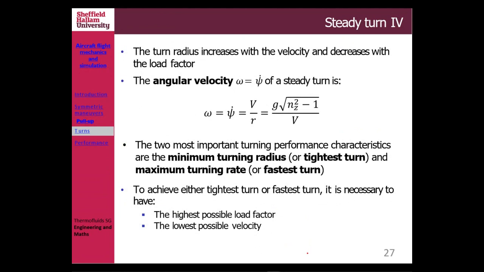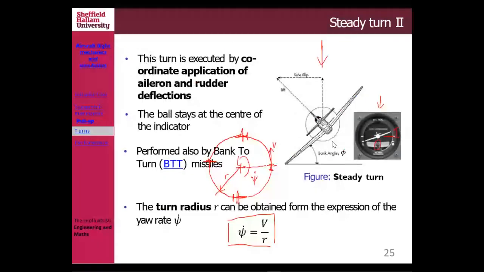Okay, now the two equations actually tell you something. If you talk again about psi dot, which is omega, the angular velocity from this illustration here. If you make a turn of 180 degrees like that, then obviously psi dot is this, right?